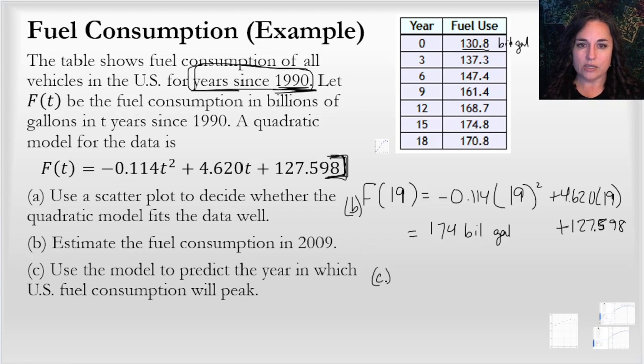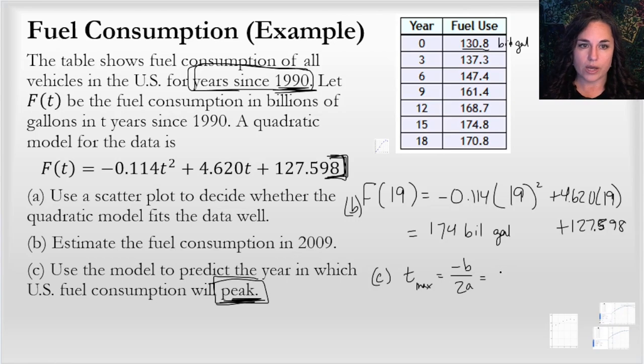Part C here says use the model to predict the year in which U.S. fuel consumption will peak. Oh, so words mean things. Peak means vertex. Okay, so we're going to find the vertex. We're going to find the time where it reaches a maximum value, and so I'm going to need negative b over 2a.